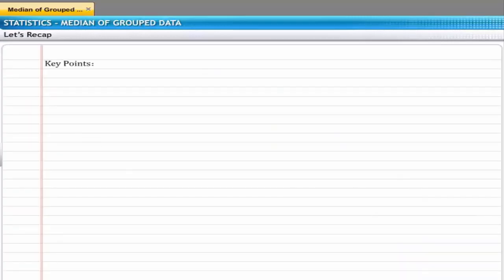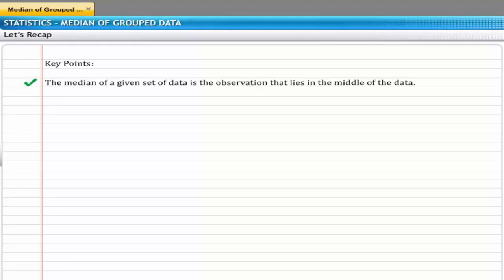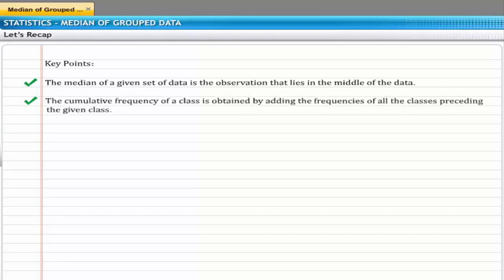You have reached the end of this section. Before moving on to the next section, let's recap the key points covered. The median of a given set of data is the observation that lies in the middle of the data. The cumulative frequency of a class is obtained by adding the frequencies of all the classes preceding the given class.